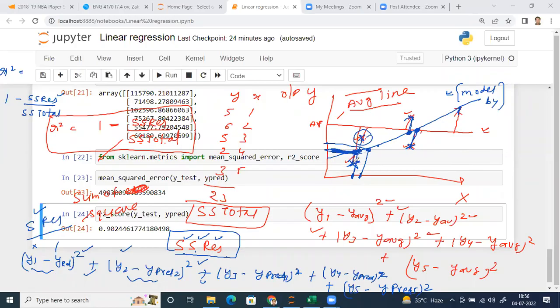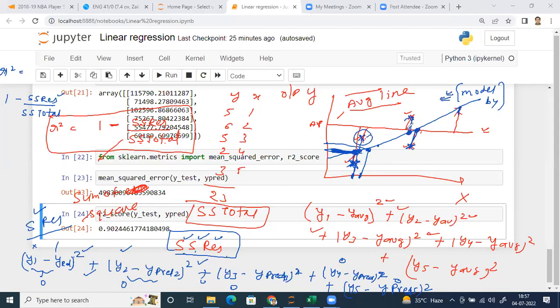In the ideal case, the distance between your actual point and the predicted line should be 0. Actual and prediction should be the same. Then this difference will be 0, 0, 0, 0, and 0. When actual and prediction are the same, that means every actual point is lying on the same line predicted by my model.